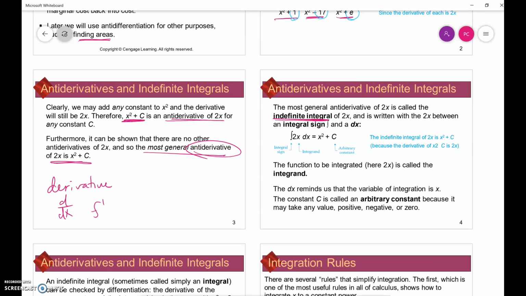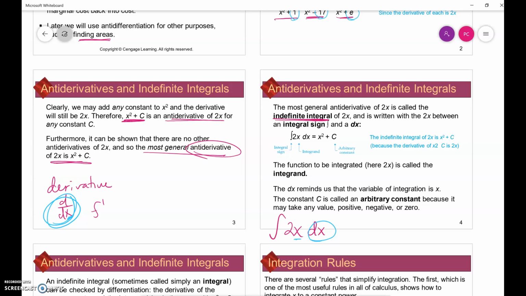It's written with the 2x between an integral sign and a dx. So the integral sign, the little loop, and then we put what we're taking the antiderivative of, and we put dx. The dx will change. It can be dt, dy, d whatever, for whatever variable we're dealing with in the problem, just like with derivatives, where that dx could change to whatever variable we're dealing with.